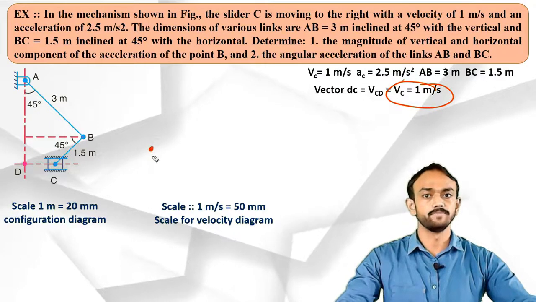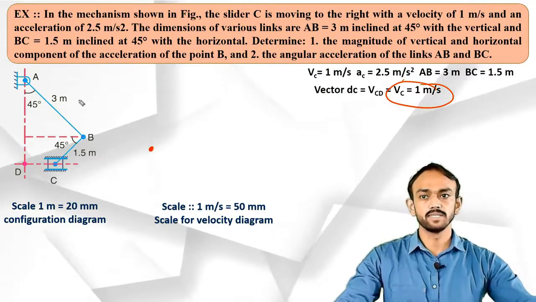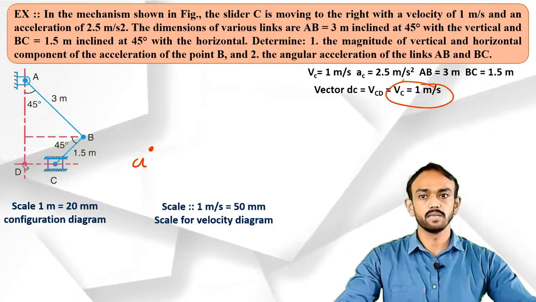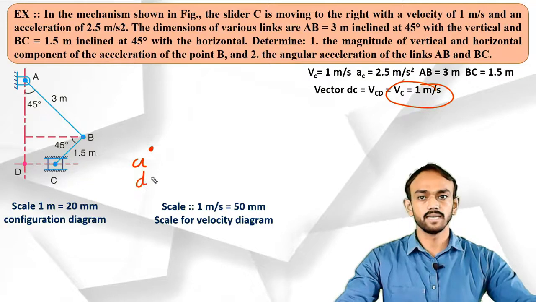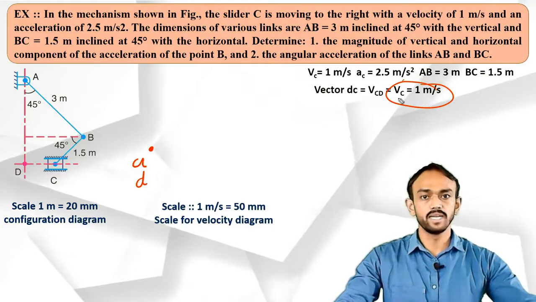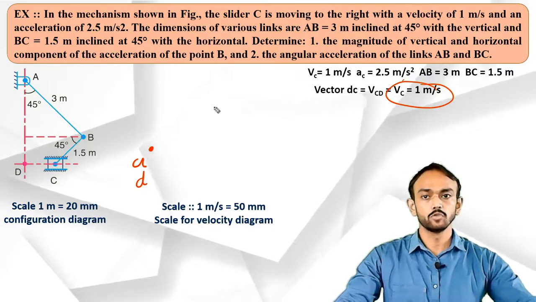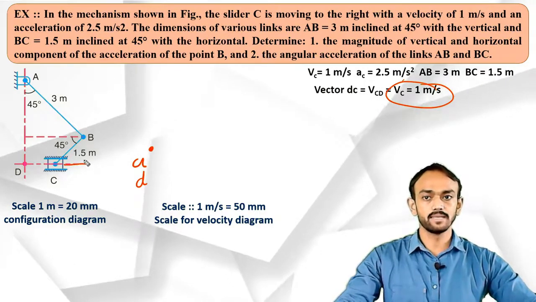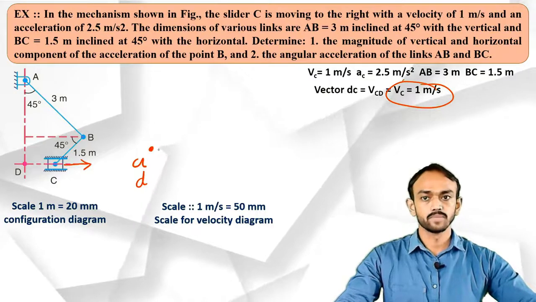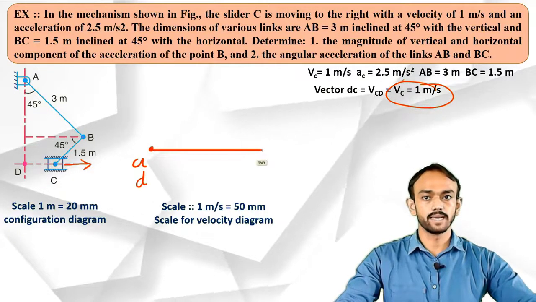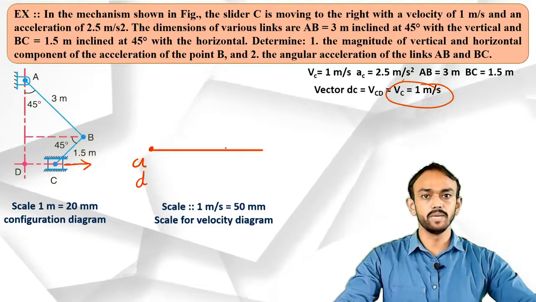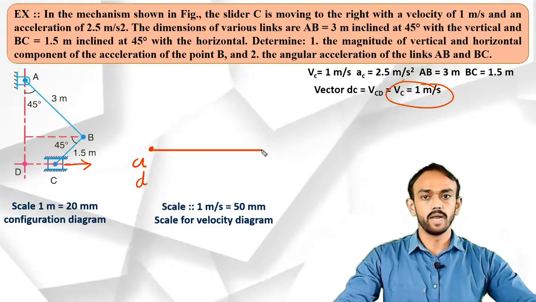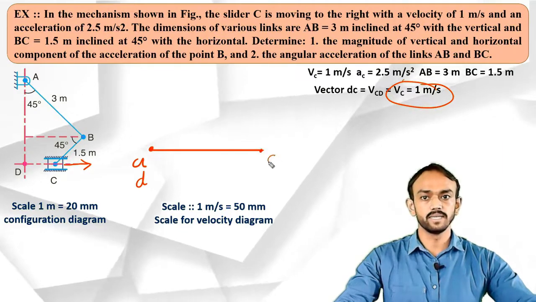How many fixed points are there? You can see A is fixed here, so I will write A, and D is denoted here. I can say A and D. Now the velocity given is the slider's velocity. So the slider always passes through the origin and the line of action is like this. We make this velocity in this direction, and the length will be 5 centimeter or 50 mm. This point we can say is the C point.